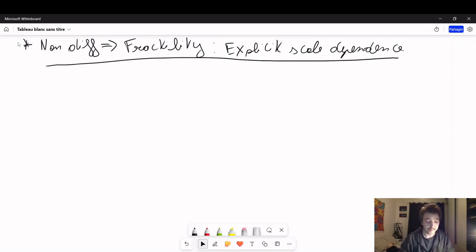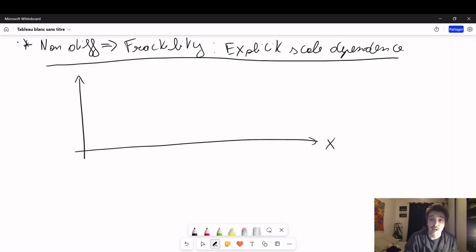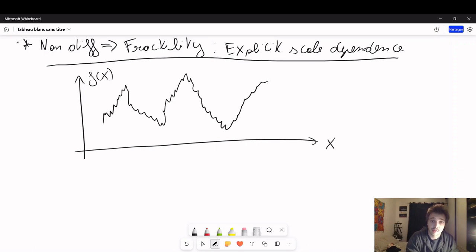So let's start. Let's consider a non-differentiable function, okay? Like this. So x, f of x, and the graph of a non-differentiable function is something very wiggly. You cannot define any tangent line on it.